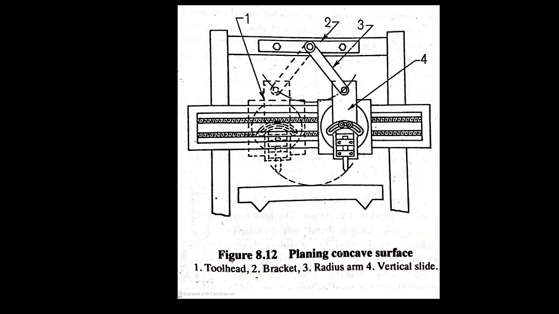The special fixture enables the concave profile movement of the vertical slide. The tool head can also be moved along the cross rail. The coordinated movement of the tool head and the vertical slide generates a concave surface on the top of the workpiece.